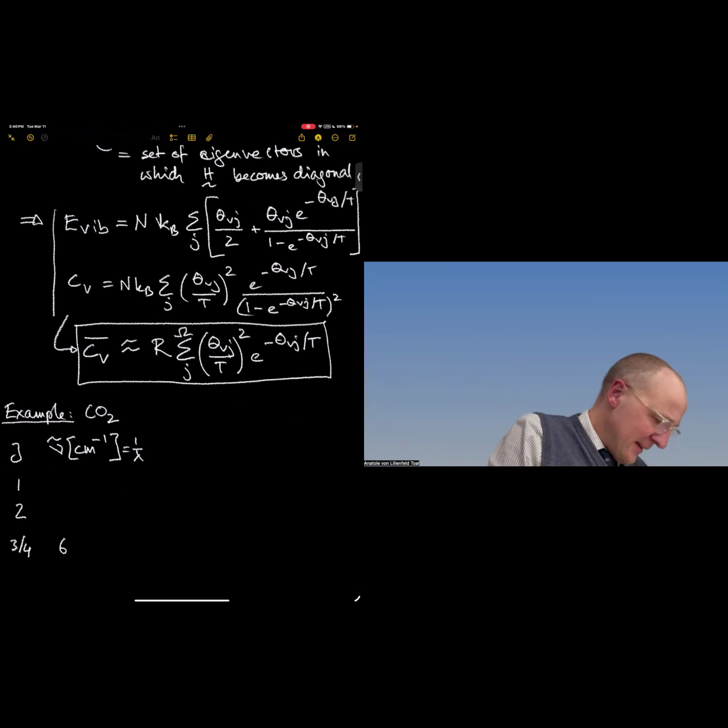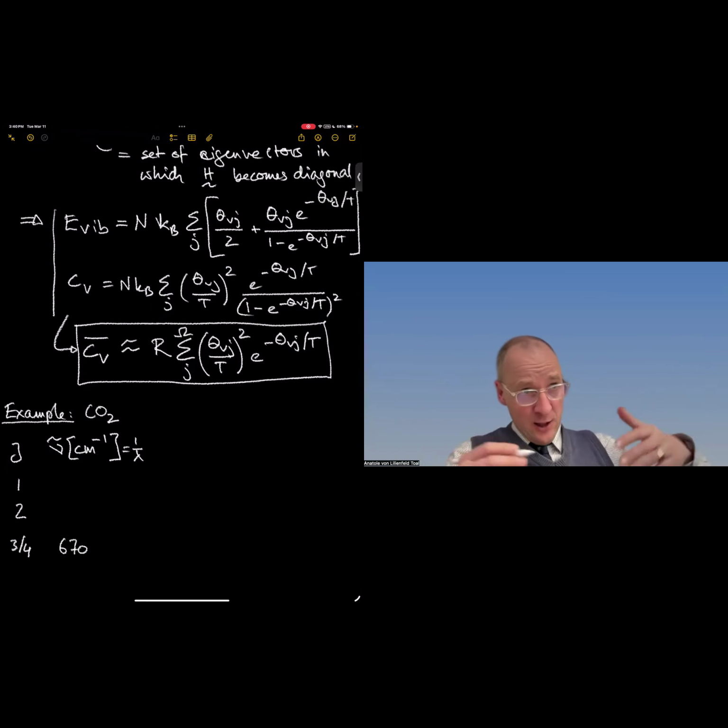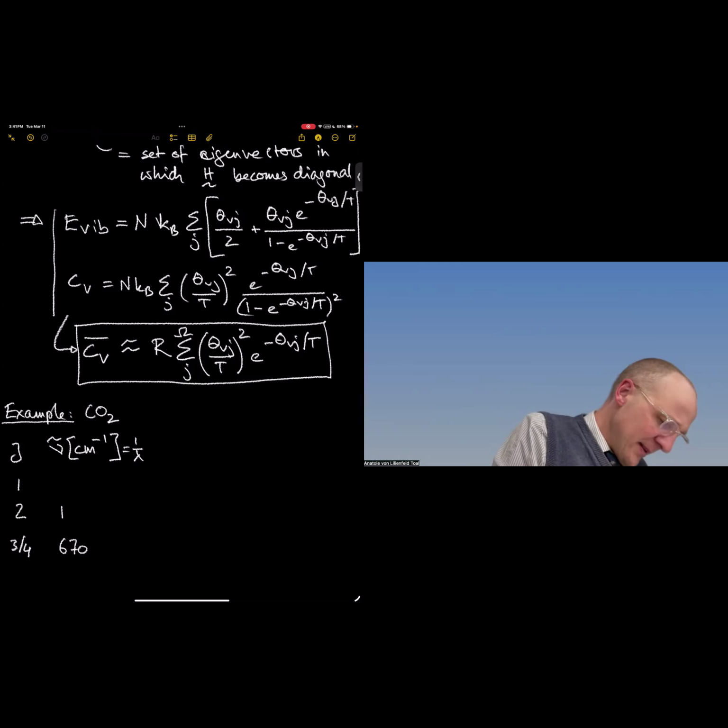And the frequency for this one is 670 in inverse wave numbers. So it's a lower frequency mode, right? And in order to extend the bonds, you encounter a stiffer potential. So you have to apply more force, more energy, and we can characterize these modes.